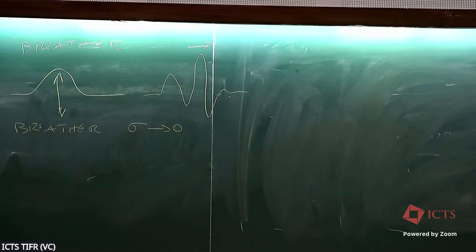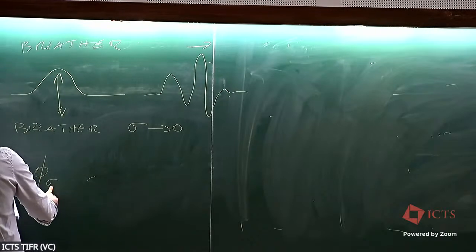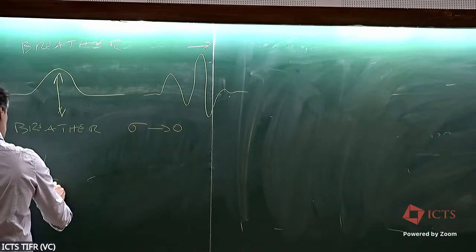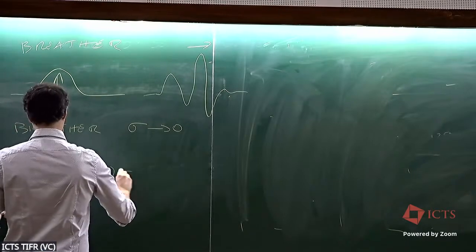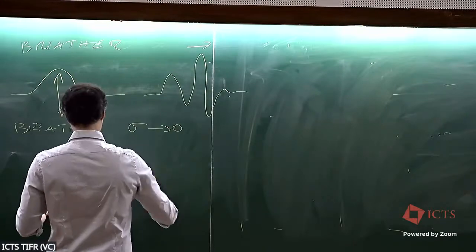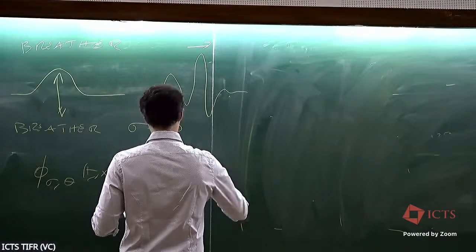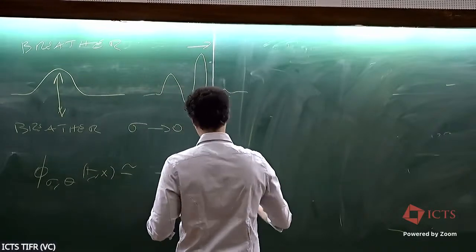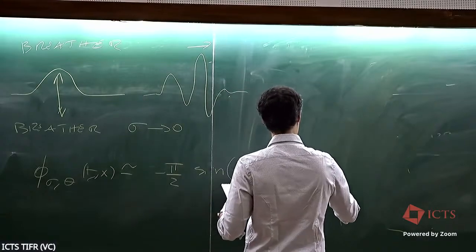And what you're gonna find out if you do the whole business, taking the two kink solution, doing an analytic continuation and boosting it at finite rapidity, we're gonna find a profile of a breather of species sigma and rapidity theta, the function of t and x. The leading order goes to this. In this limit, I'm fixing time and x and taking the small sigma limit.